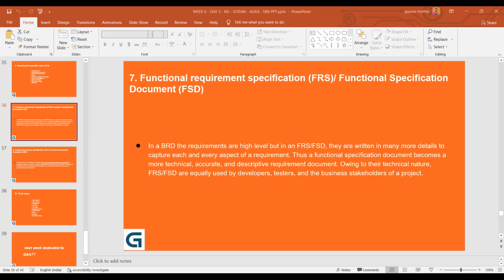Now we are going to study the functional specification document or functional requirement specifications. It is called by both names, FRS and FSD. So what do you understand when you hear the words functional requirement specification or functional requirement document?